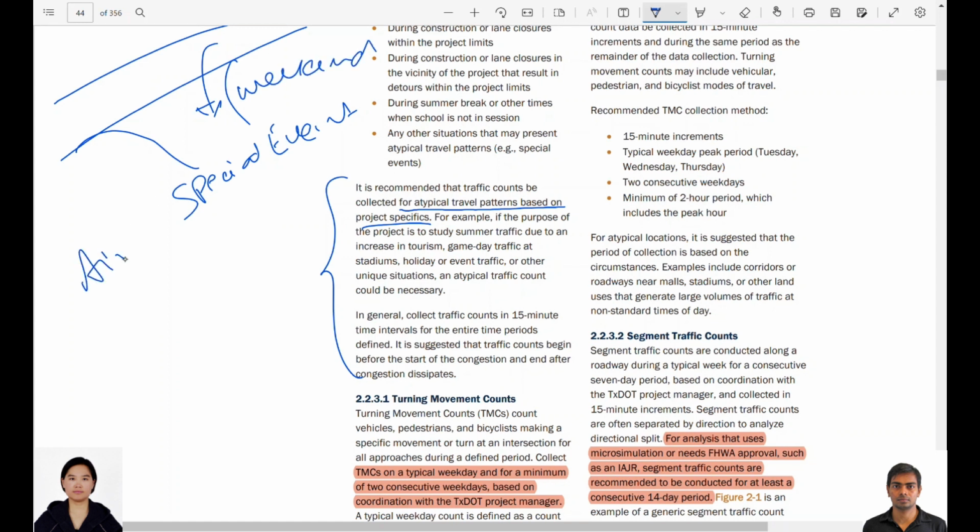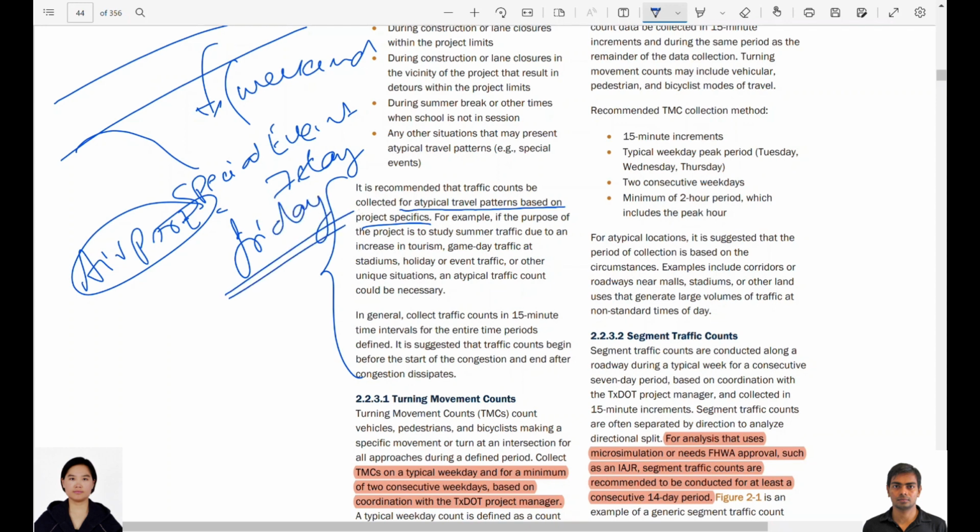Airports are classic examples of these things, where we collect 7 days of data, and Friday is typically the peak hour day, and Friday evening around 4 to 6 p.m.